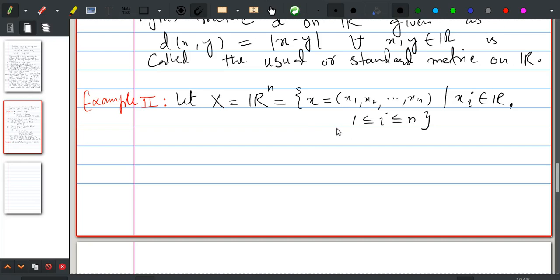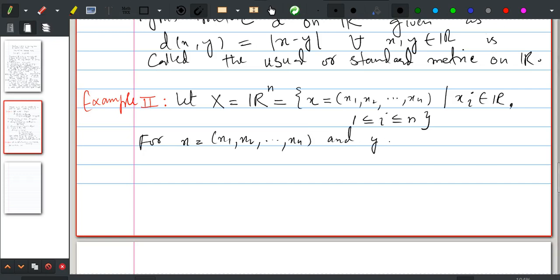So this is the set of all real n-tuples. So for x equal to (x1, x2, through xn), and y equal to (y1, y2, through yn), these are the elements in R^n.